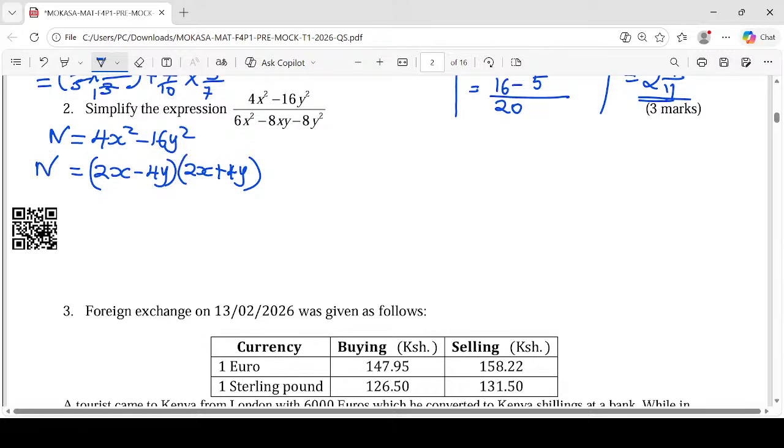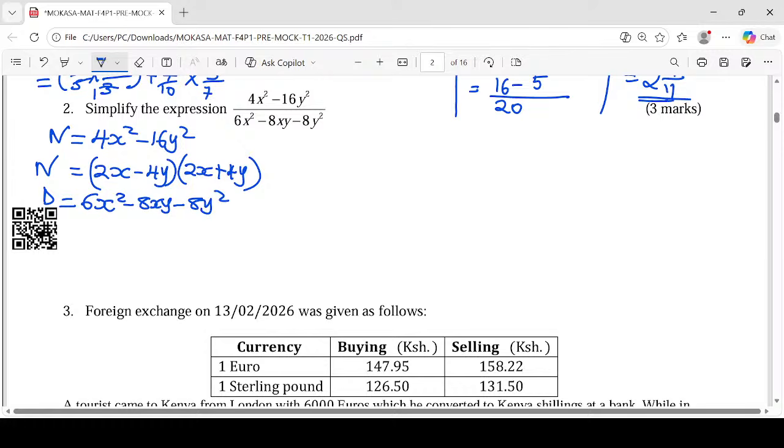After getting the numerator part, we are now free to work out the denominator part. When you look at your denominator, we are having 6x squared minus 8xy minus 8y squared.